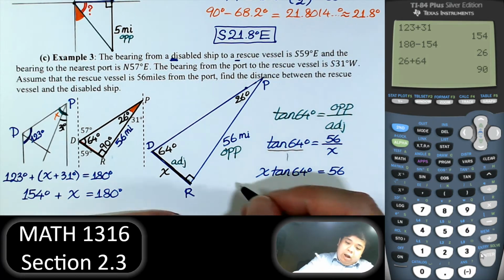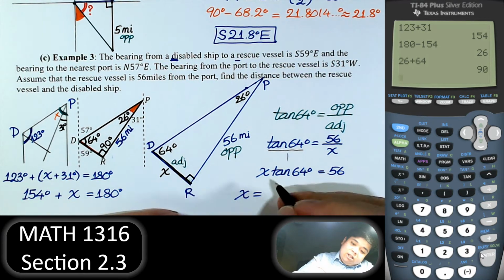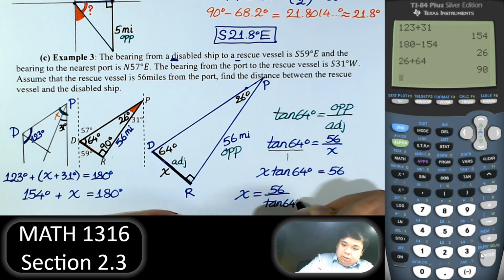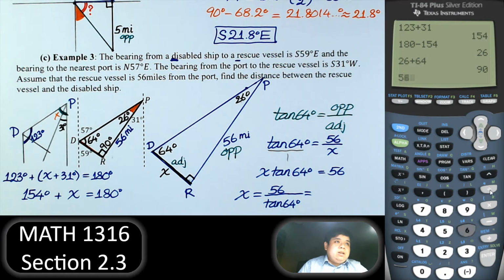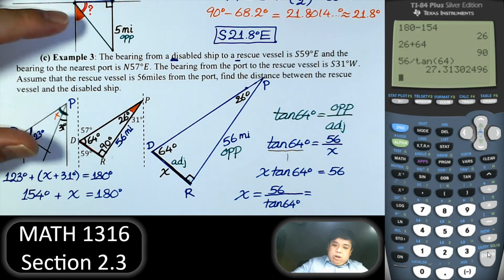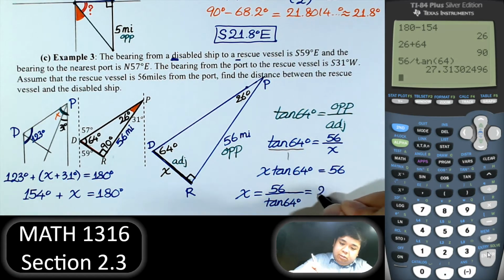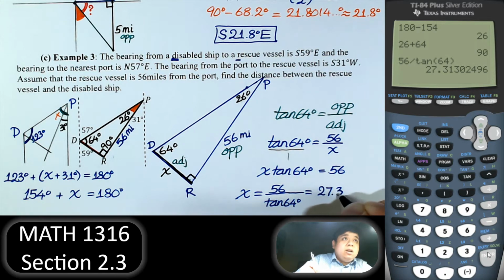So for x, divide by tangent of 64 degrees on both sides. 56 divided by tangent of 64 degrees is 27.31. The unit looks small.